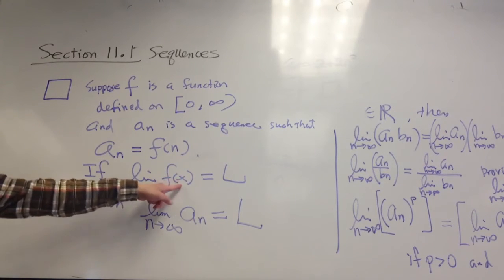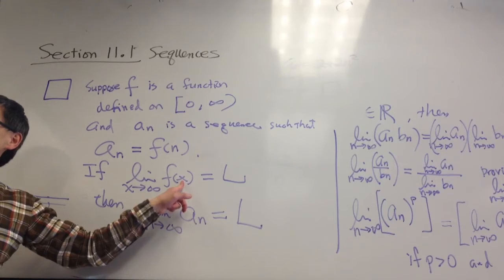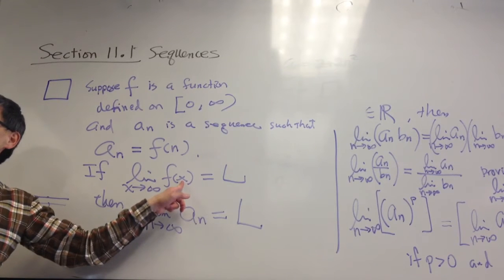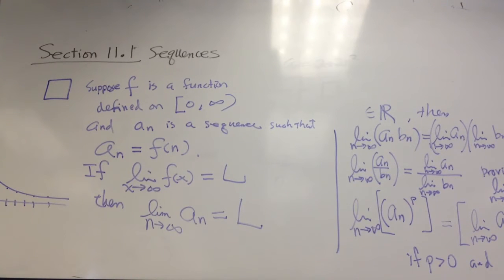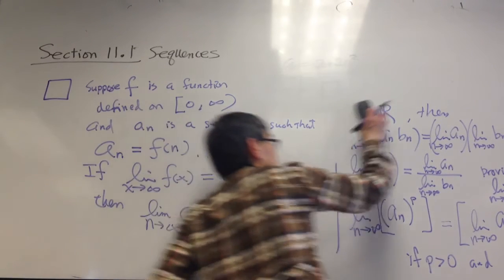Because this is a function, this x is not necessarily an integer, right? So what this means is that when x varies continuously, when x goes to infinity, for example, let me show you an example to see what it's trying to say.